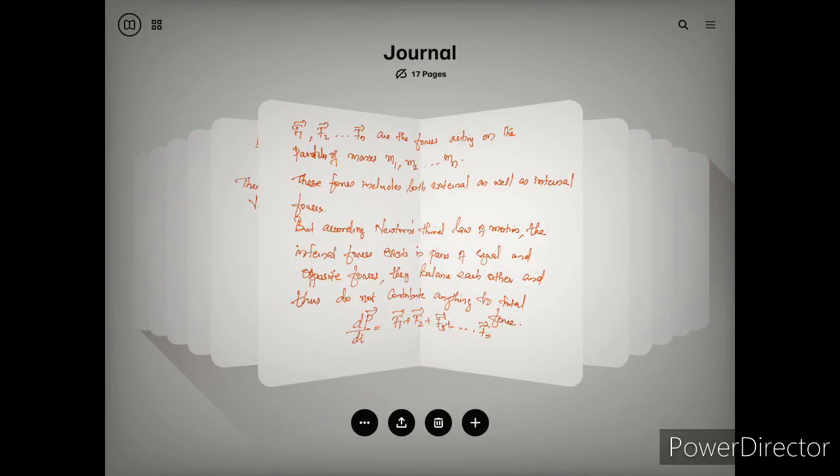So the left hand side term dP by dt, the total force acting on the system, will be only the external force. The total force is simply the external force.